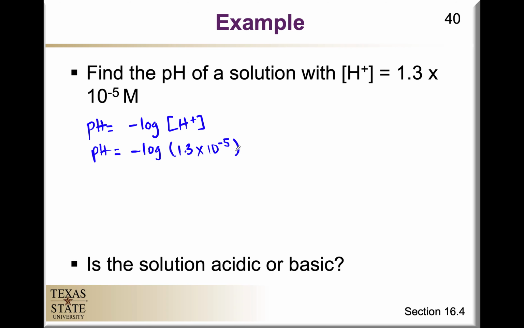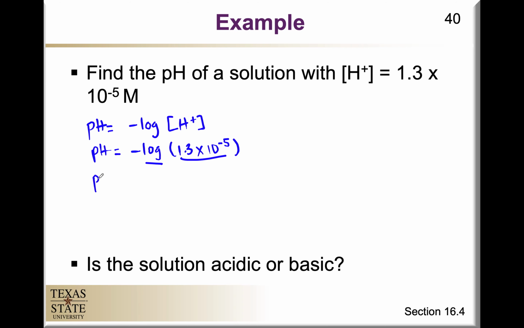Now, depending on what calculator you have, in some cases you can type this exactly as I have written it here, but in some other calculators you might have to put in this number first. After that, you might have to type the log button, and finally after that you will have to change the sign of it. Give it a try with your calculator, and if you're still having a hard time figuring it out, please send me an email and I'll be happy to work with you on that.